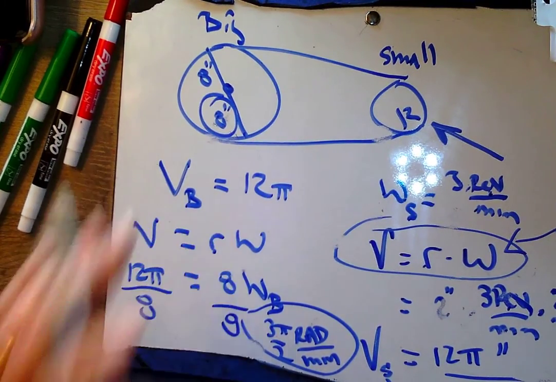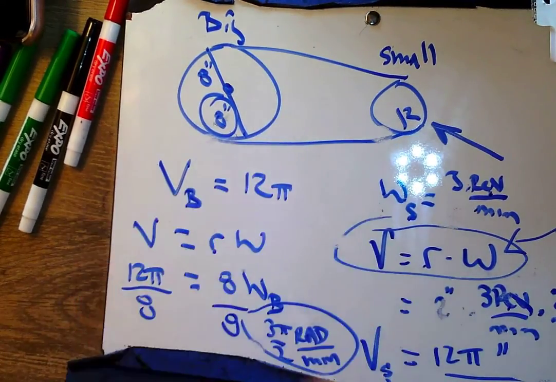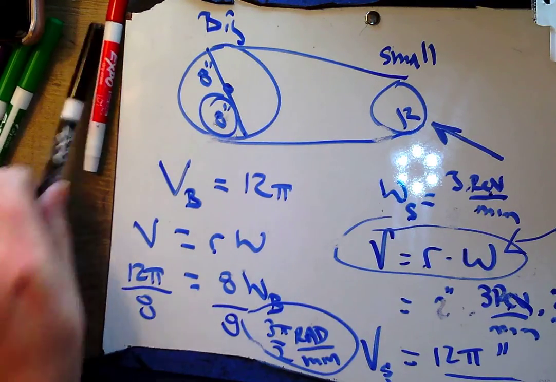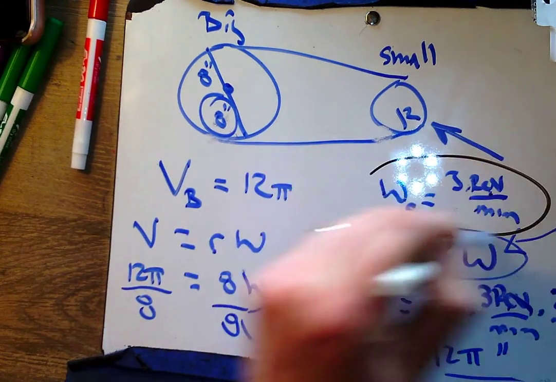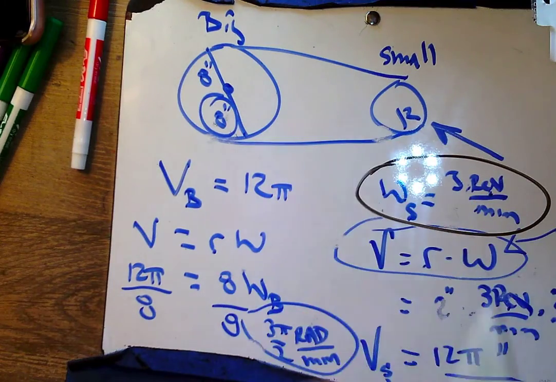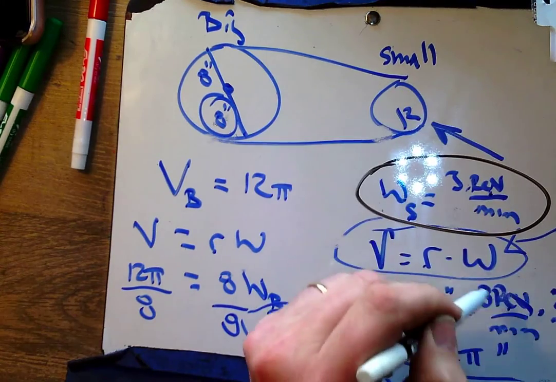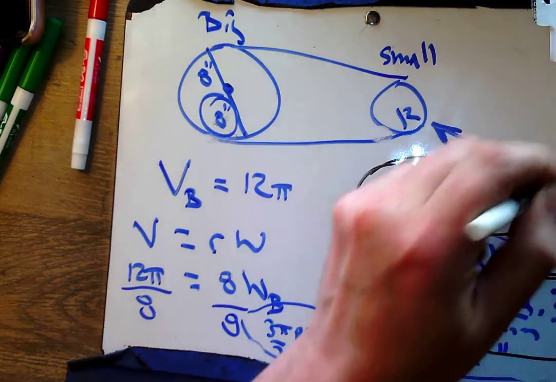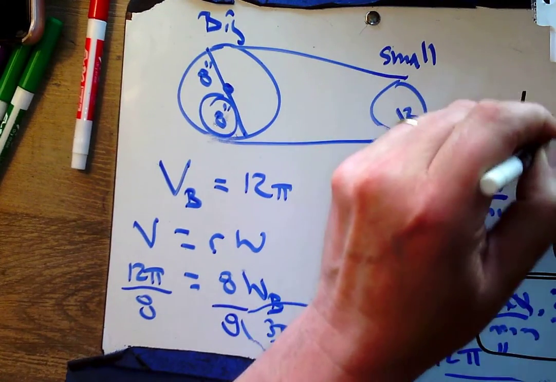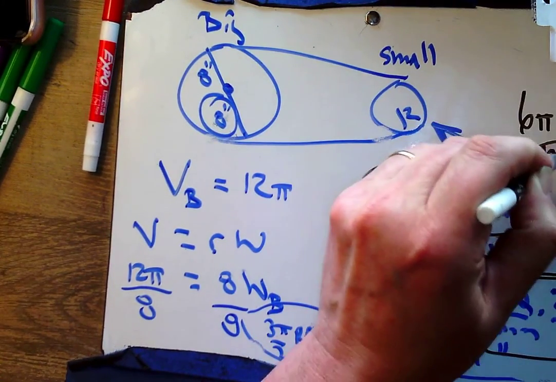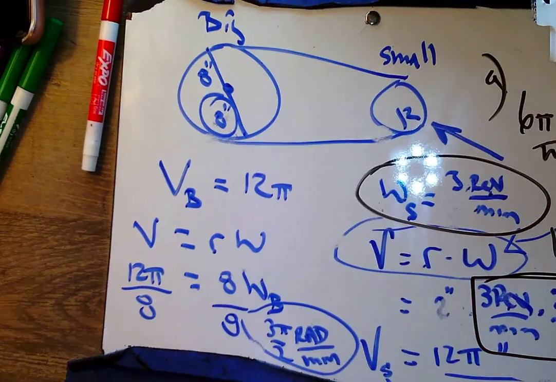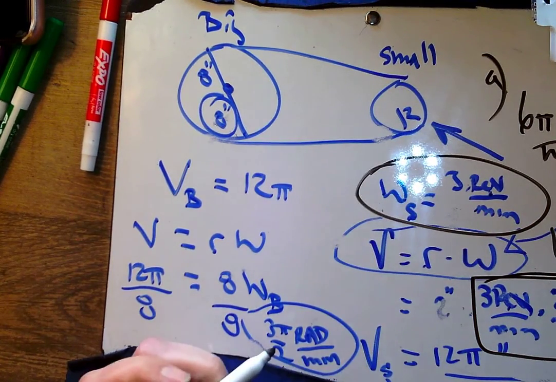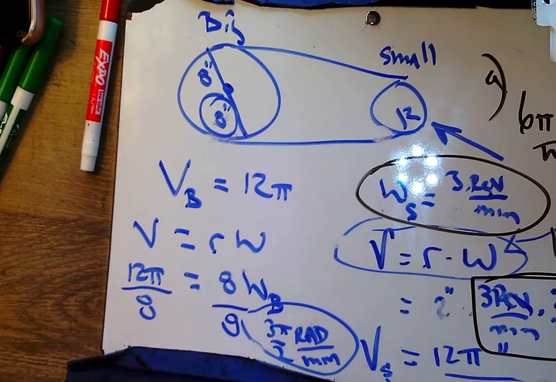So part A says find the angular velocity of the small wheel. There's the angular velocity. In radians. So 6 pi radians per minute. That's part A. Part B, find the linear velocity in inches per minute. And I believe that's what I had here.